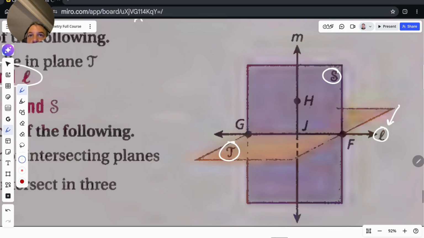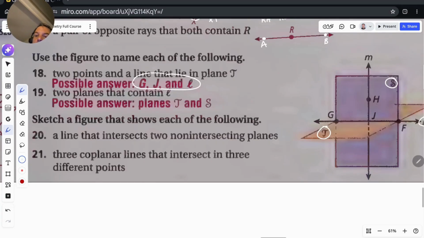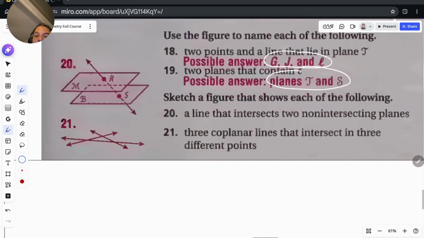So two planes that contain line L are plane T and plane S. Planes T and S. All right, on to 20 and 21.